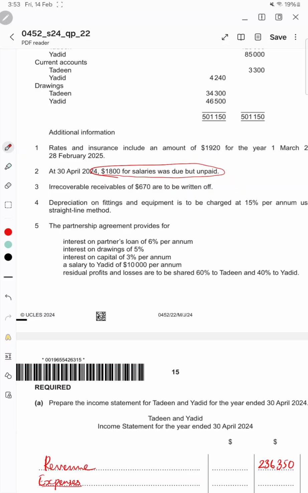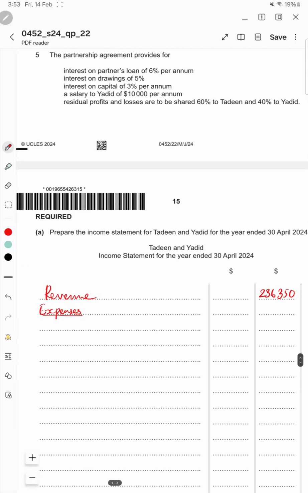So at the year end 1,800 is due. Since this is an accrued expense, accrued should be added in the income statement. So 79,800 plus 1,800 gives 81,600. Okay, salary is done.